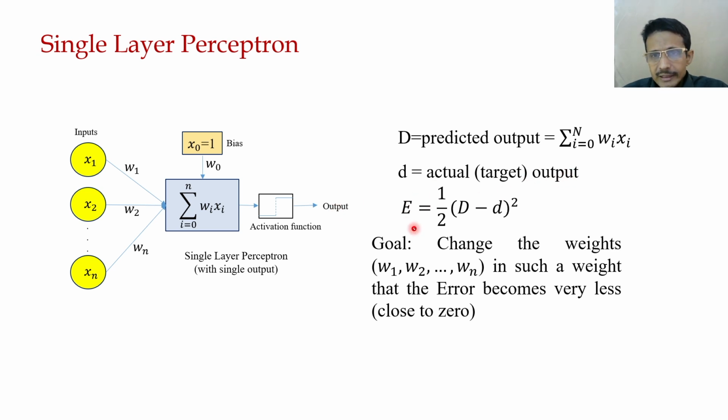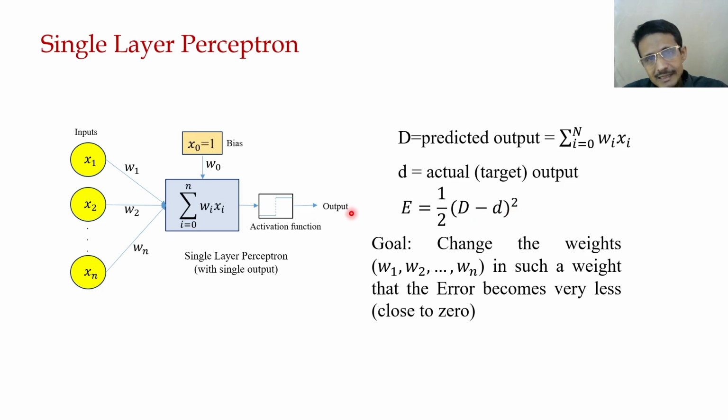Then we take the difference between the actual output and the predicted output, and this difference should be minimized. As per our linear regression and logistic regression point of view, this is an error, and this error is called the cost or loss function, which should be minimized. The question is, how can we get this error minimized?